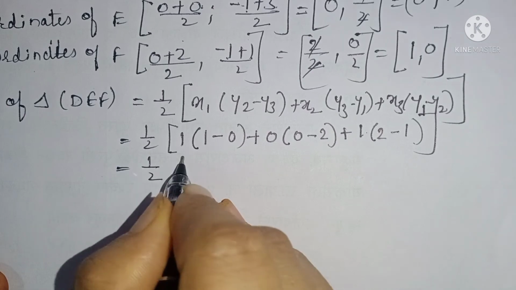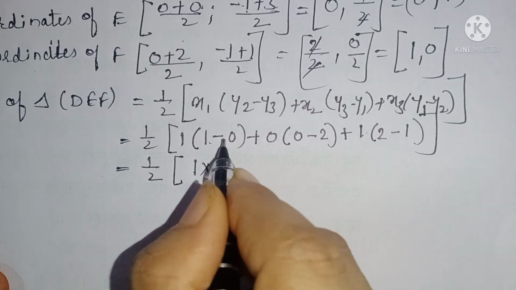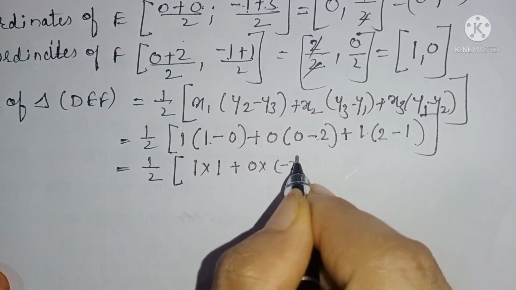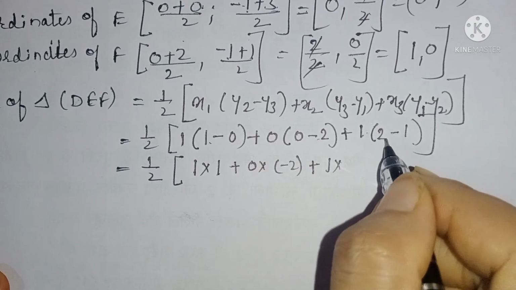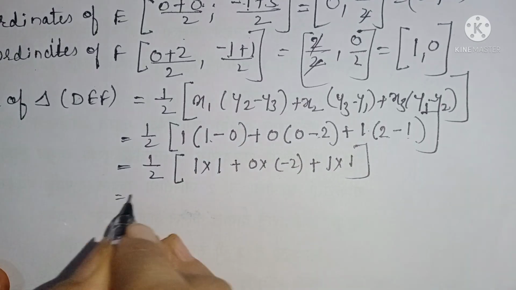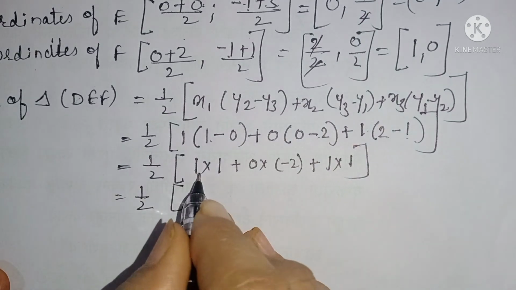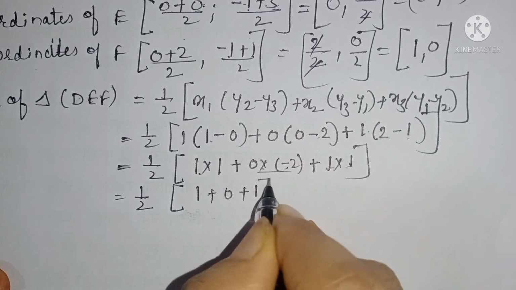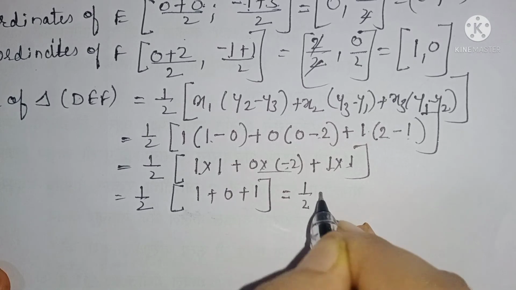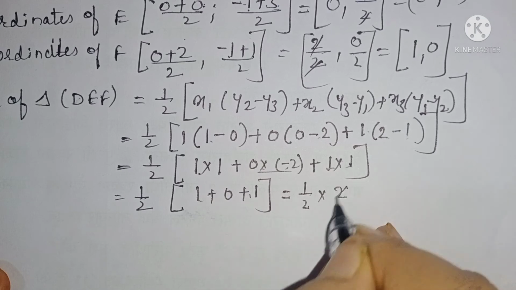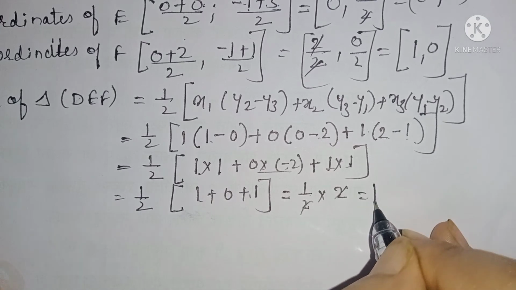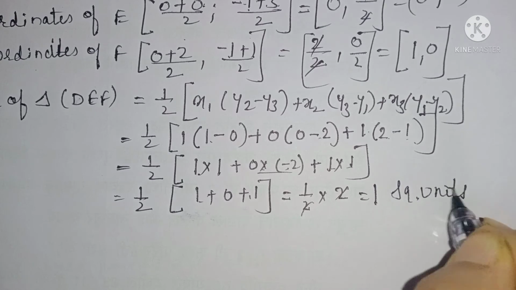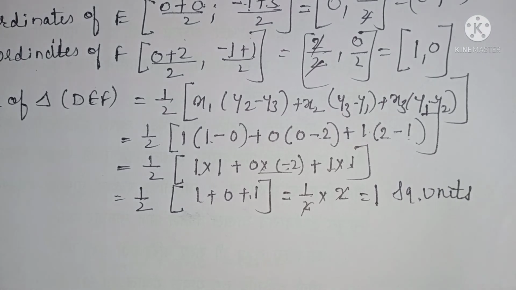This is half in bracket 1 multiplied by 1 minus 0 is 1, plus 0 into 0 minus 2 is minus 2, plus 1 into 2 minus 1 is 1. So it is half in bracket 1 ones are 1, plus 0 into 2 is 0, plus 1 ones are 1. So this is half into 1 plus 1 is 2. 2 get cancelled and the area is 1 square unit. Okay, this is the area of triangle DEF.